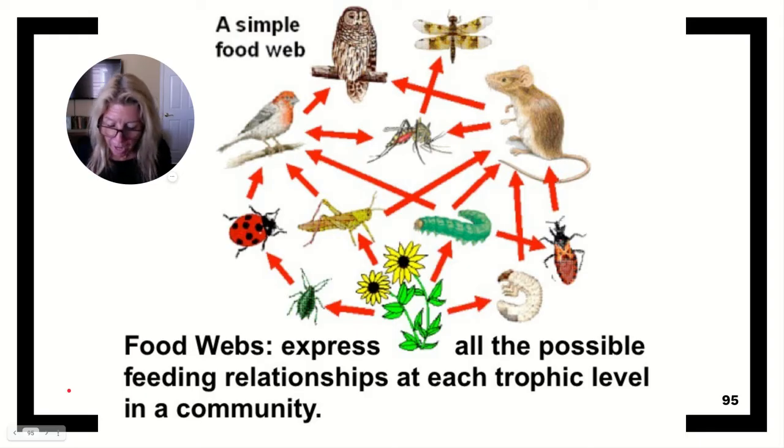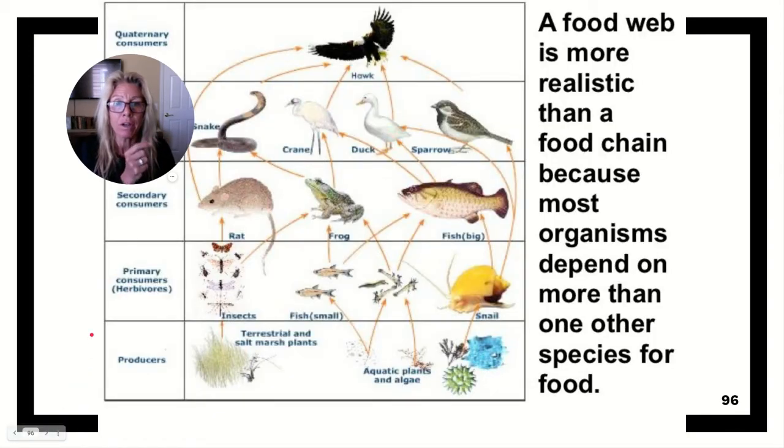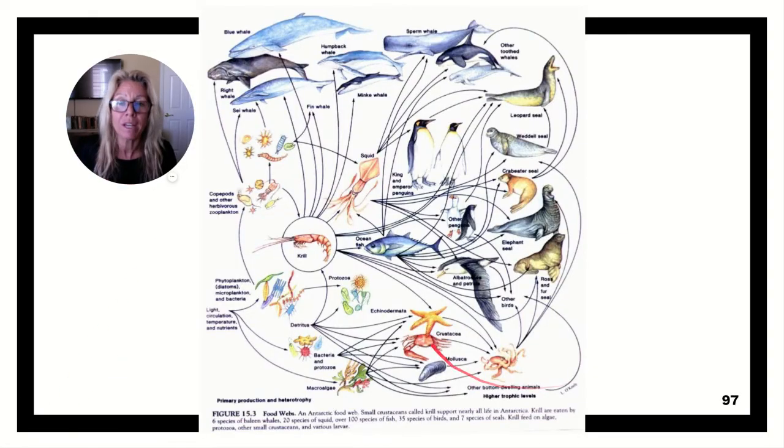So on Food Web, various interconnecting paths of energy flow, and it's very complex. This is a very simple one that's shown here, but it is more realistic than a food chain because organisms usually depend on more than one food source. But in actuality, it looks more like this.